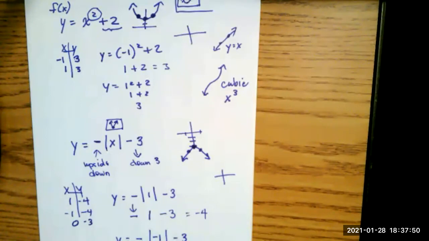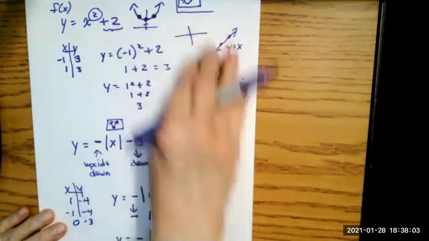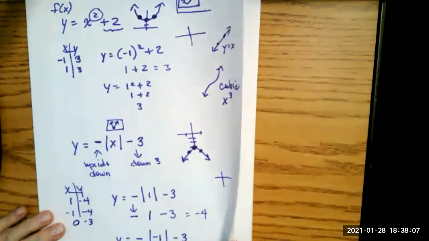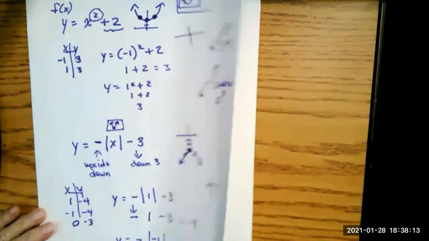The only one that doesn't have all real numbers is which one? The fraction one, and those are called rational functions. So all of these have a domain of all real numbers.